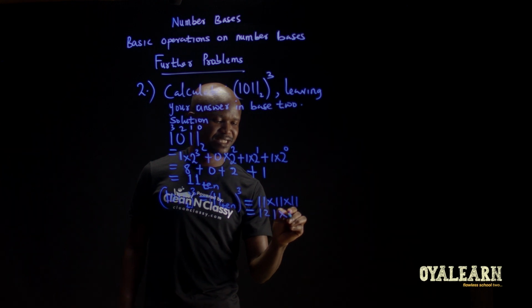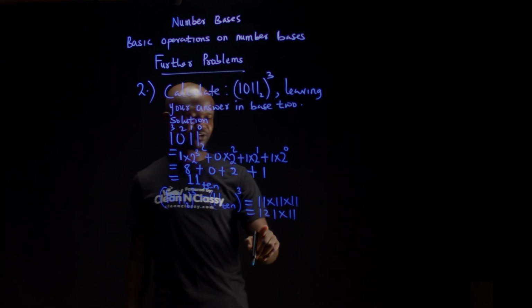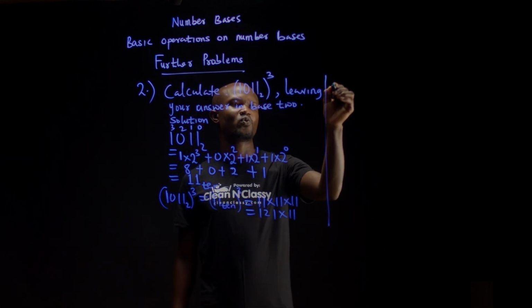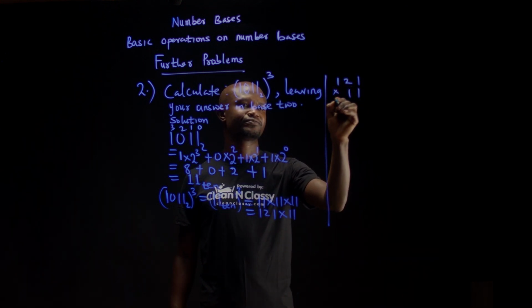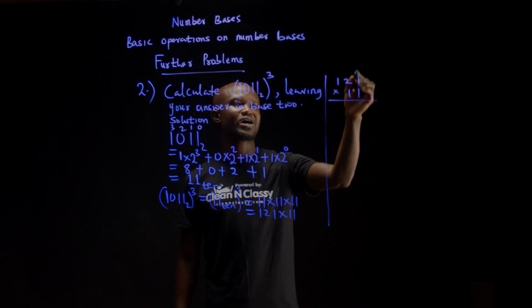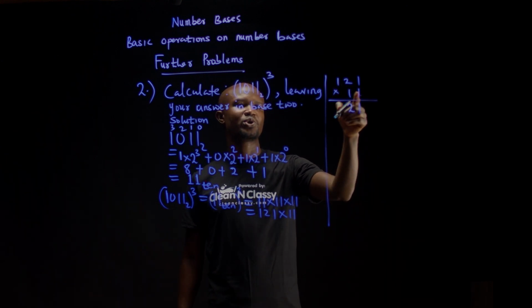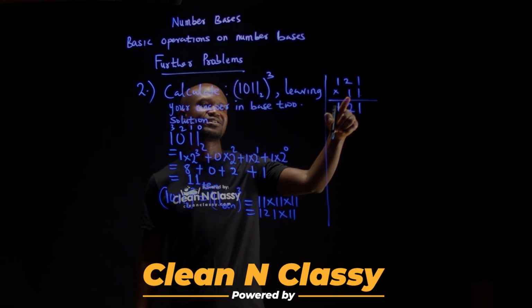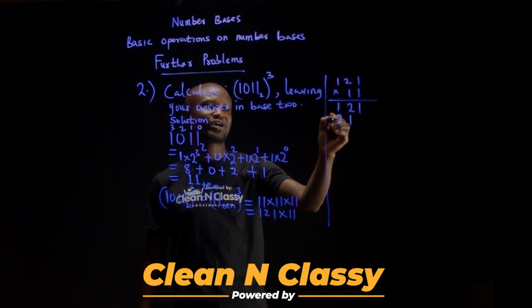So this is the same thing as having 121 times 11. Let me show you how to multiply 121 by 11. So what do we have? 1 times 1, we have 1. 1 times 2, we have 2. 1 times 1, we have 1. Then what's the next thing? We use this 1 again. 1 times 1, we have 1. 1 times 2, we have 2. 1 times 1, we have 1.